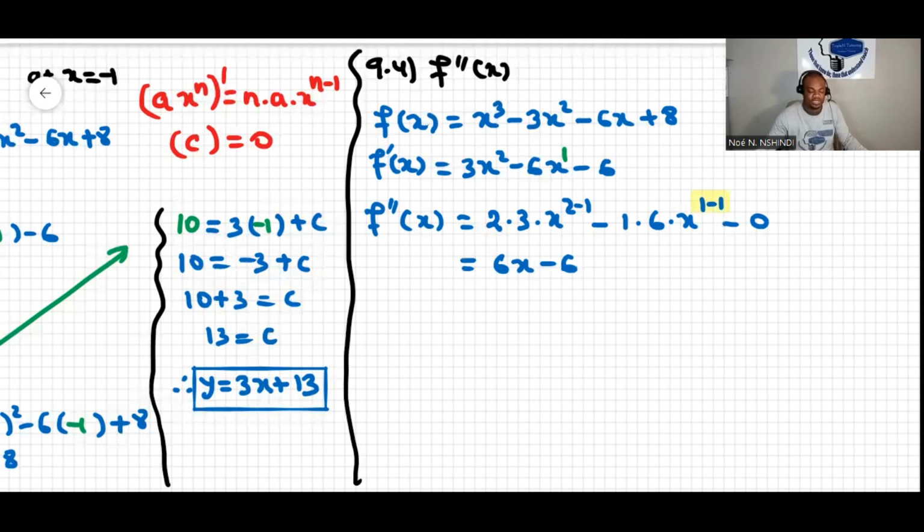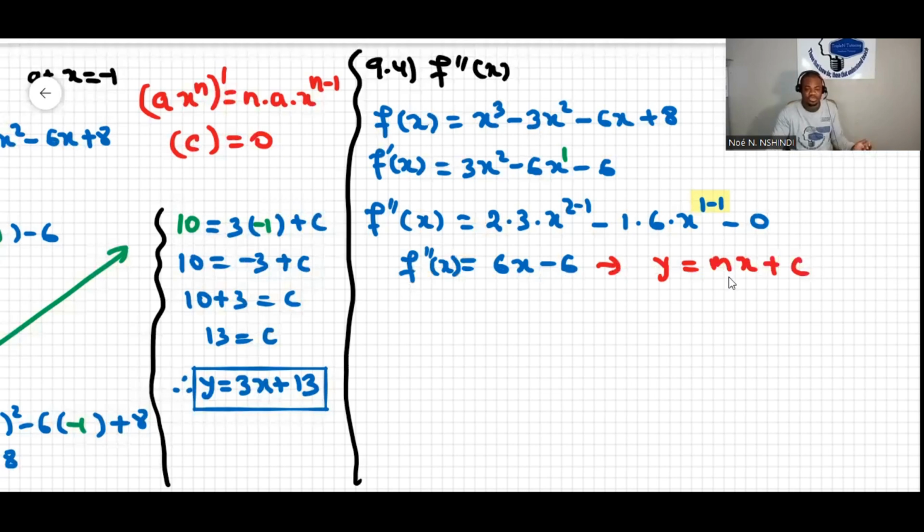So f second of x is just 6x minus 6, which is a straight line. It is an equation of a straight line because it is of the form y equals mx plus c, where m is 6 and c is minus 6.